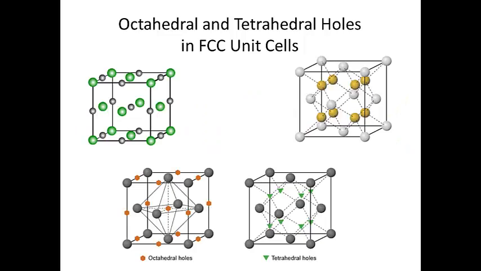So let's look at another way of visualizing this. Here we have a unit cell of anions. The anions are the more lightly colored spheres, and the cations are the more darkly colored spheres. The anions make a face-centered cubic lattice. And if we look at this atom here in the middle, it sits in a hole inside the anions.